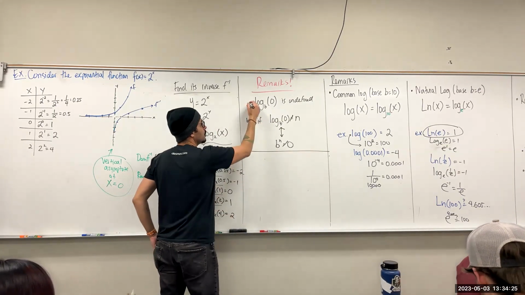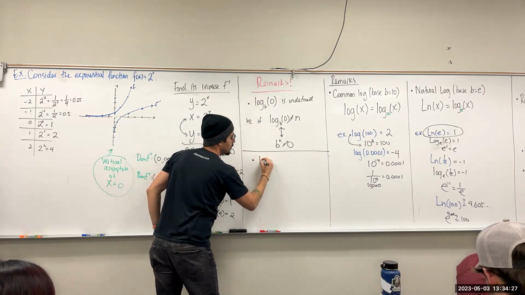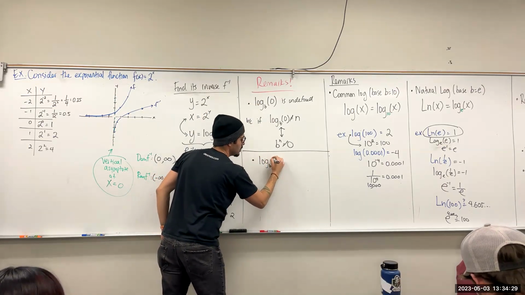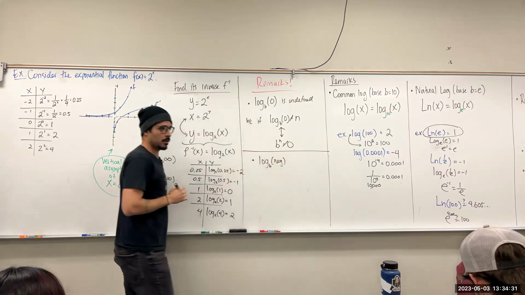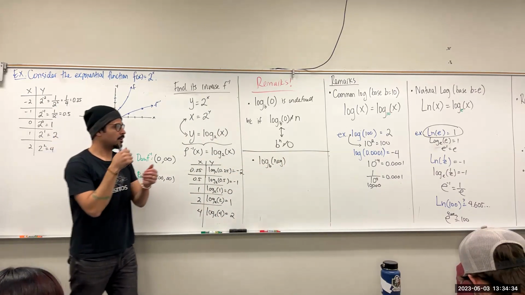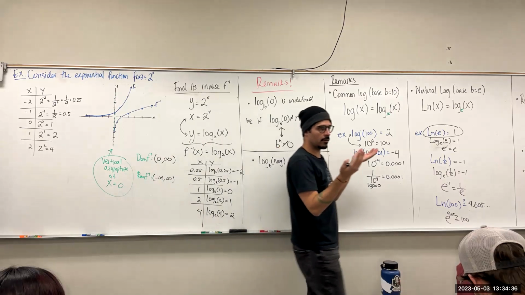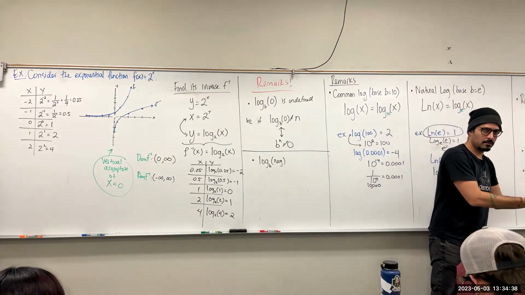And then the same is true if you try plugging in a negative number. So you put in your calculator the log of -5, it's going to say domain error or syntax error.